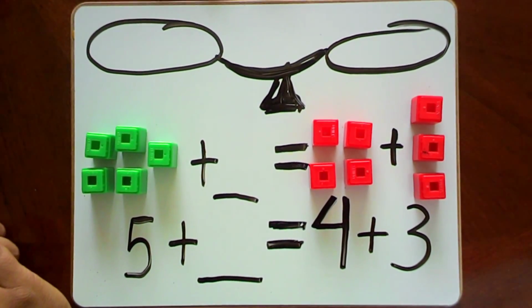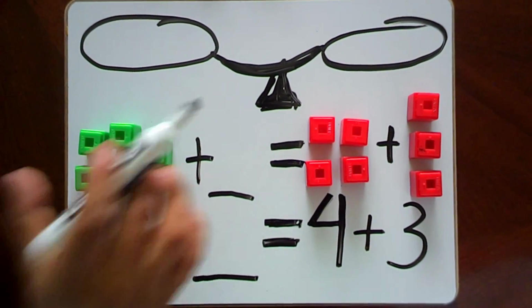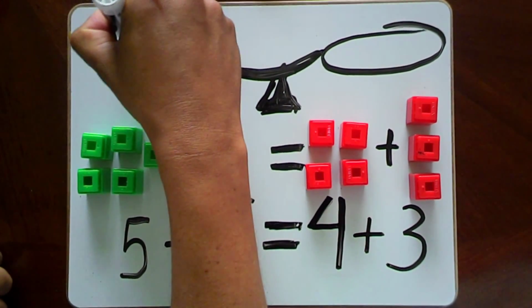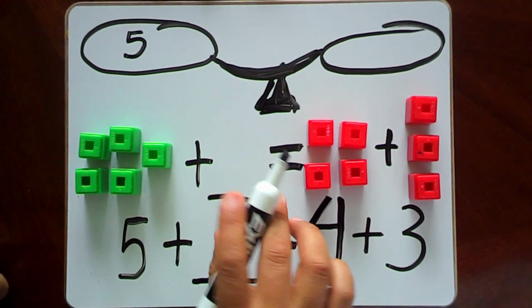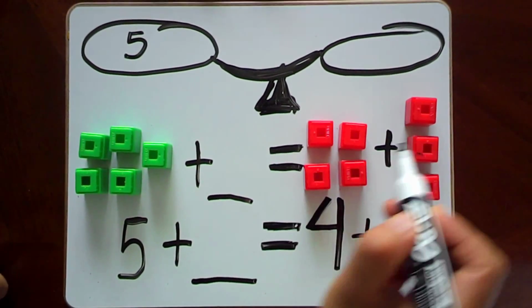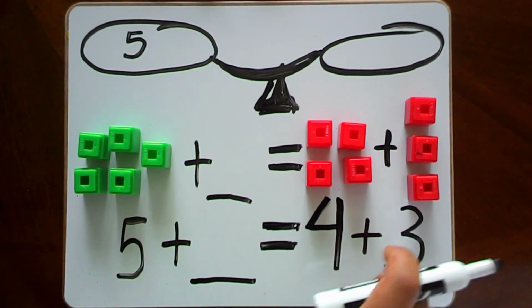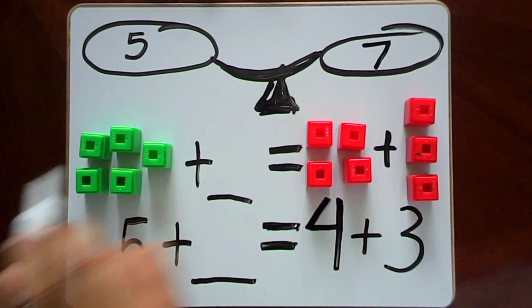Okay, let's see what I have on the left side right now. I have 5 green cubes and nothing else. So right now I just have 5. And let's see what I have on the other side of the equal sign. On the other side of the equal sign I have 4 red cubes and 3. And that makes 7.